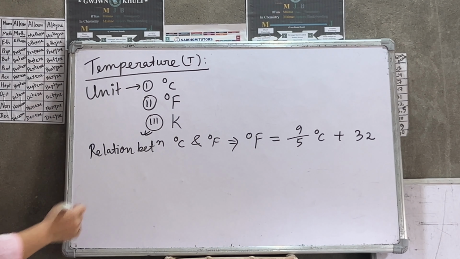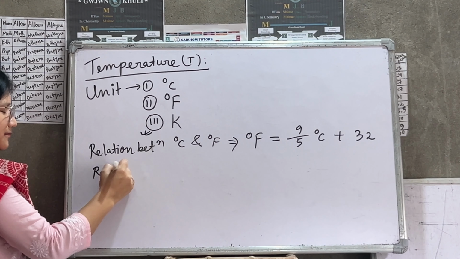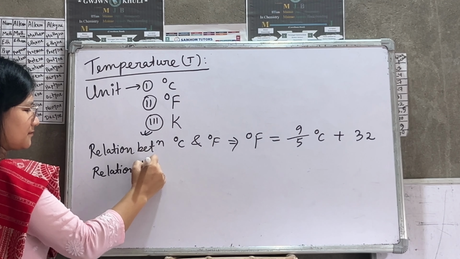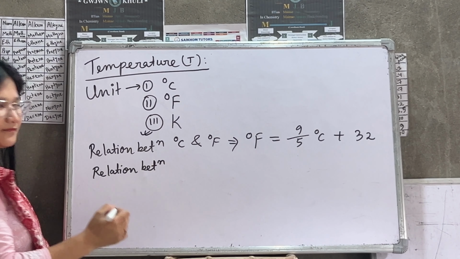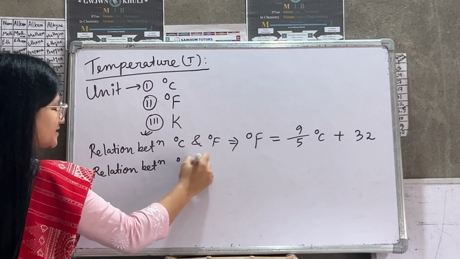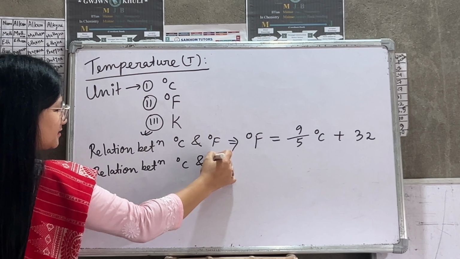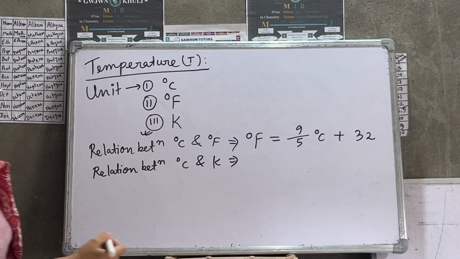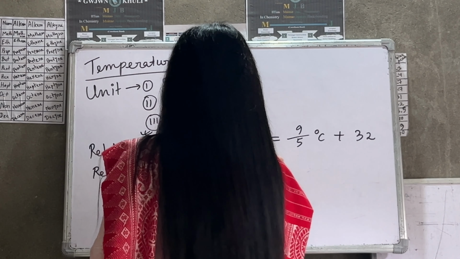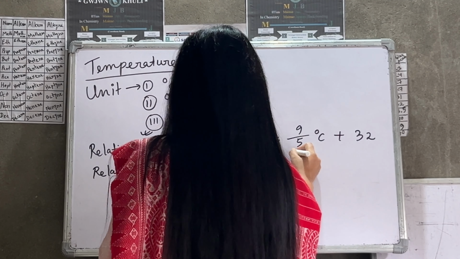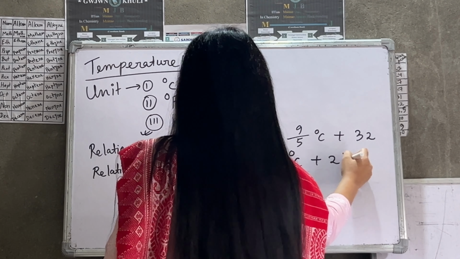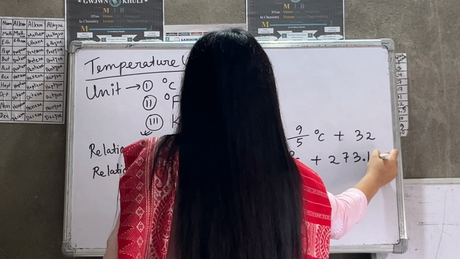Clear? And the relation between degree Celsius and Kelvin is: Kelvin equals degree Celsius plus 273.15.